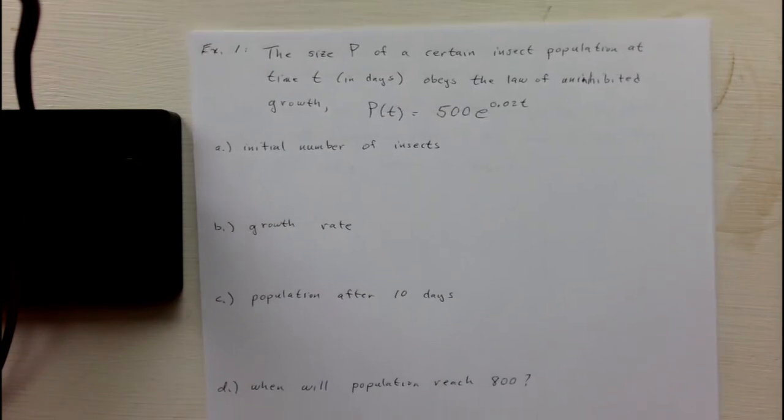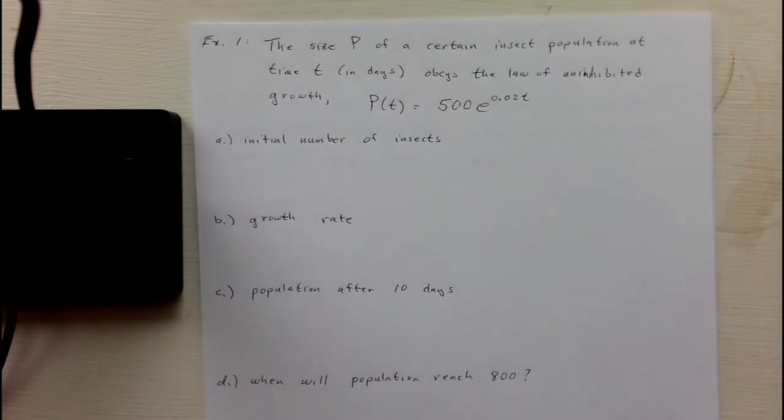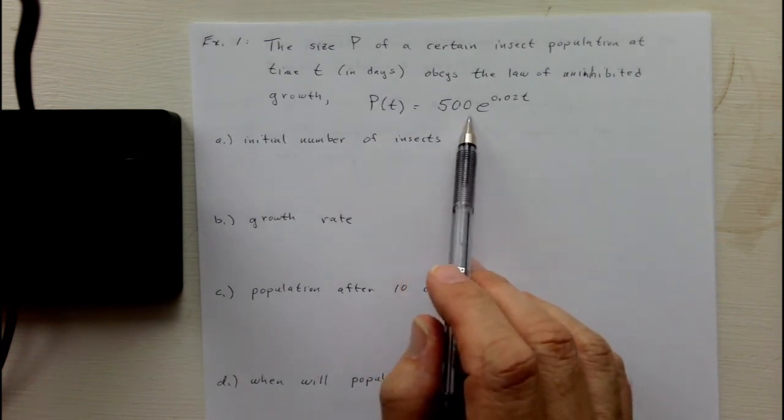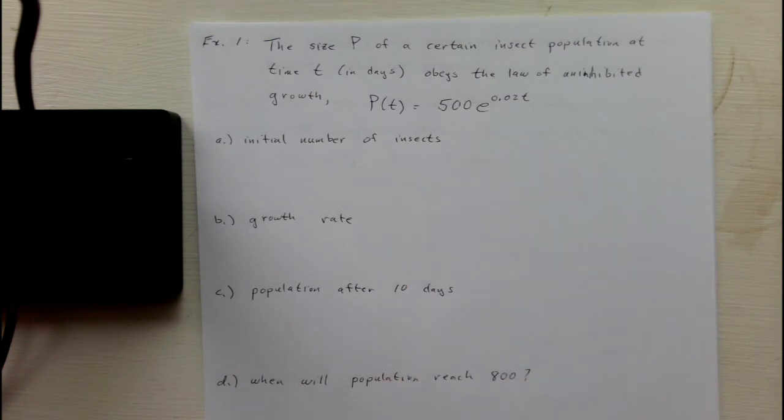So really, the best way to do this is to look at the examples and the problems, and just like in the last section, identify what variable you're solving for. In this case, the size P of a certain insect population at time t obeys the law of uninhibited growth, and we're given this formula. So in this case, A0 and k are already given.